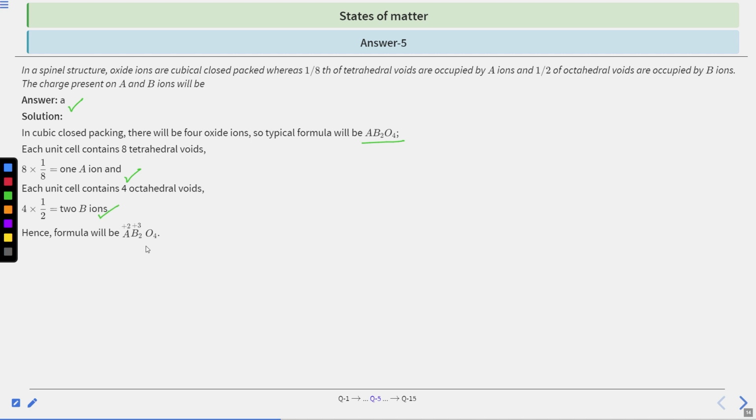Hence the formula will be AB2O4, and A has +2 charge on it and B has +3 charge on it. We just equate the oxidation states here, because the O oxidation state is -2 and 4 times 2 will be 8. So we equate the equation, and putting these values will satisfy it. So A will be +2 and B will be +3, and the formula will be AB2O4.